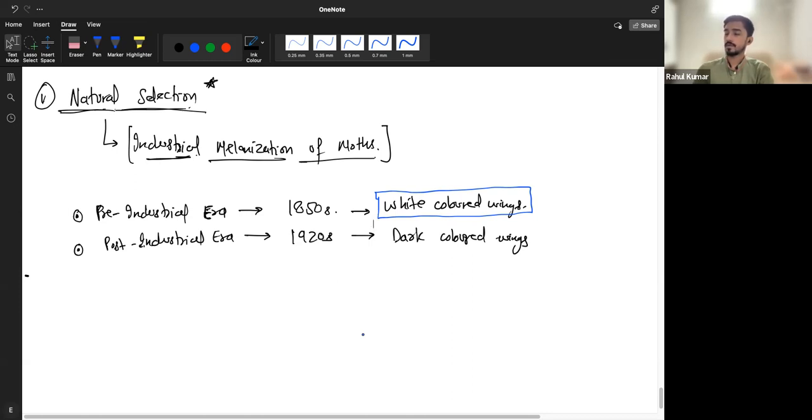You can write down, it was observed that before industrialization, in the 1850s, collection of moths showed higher proportion of white-winged moths.